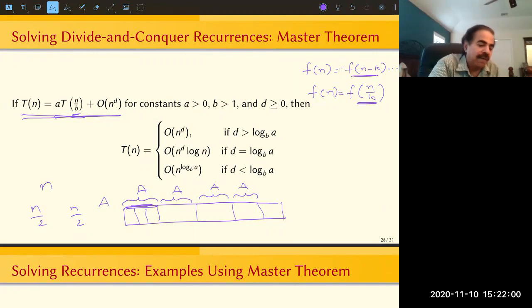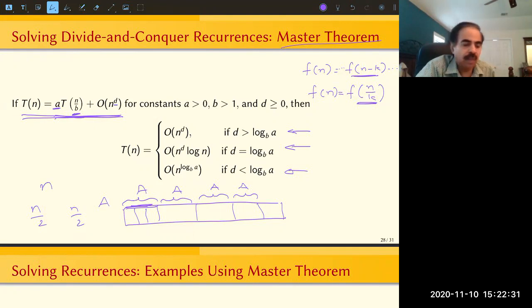And we have a very simple way of solving them, because there is a handy theorem called the master theorem, which basically tells us the solution to recurrences of this form. The solution may be one of three cases, and the critical factor is the relationship between a, b, and d.